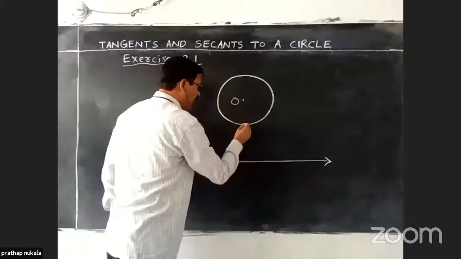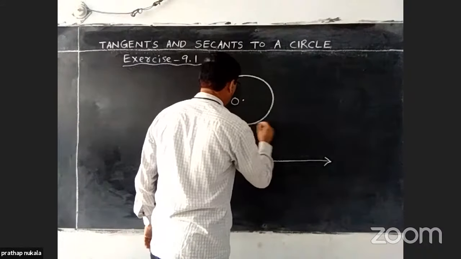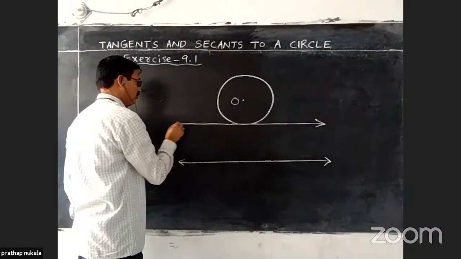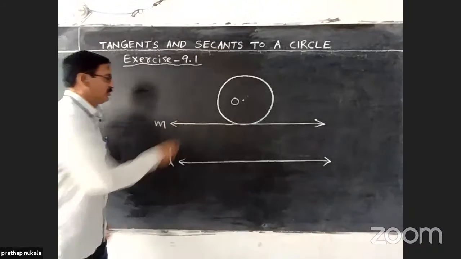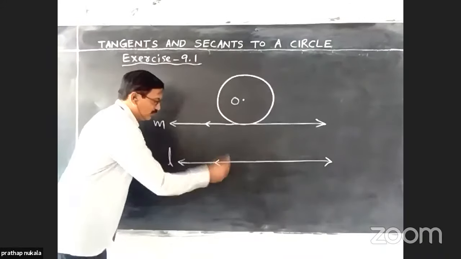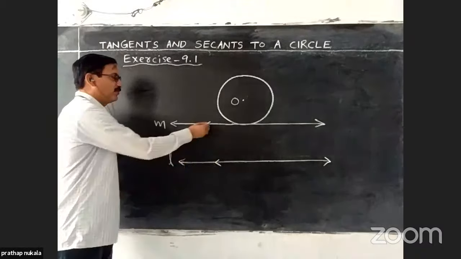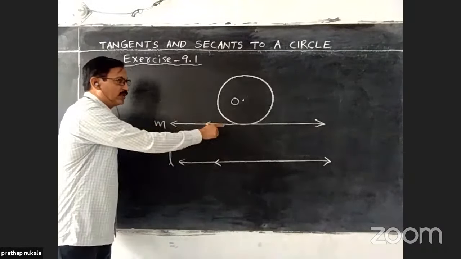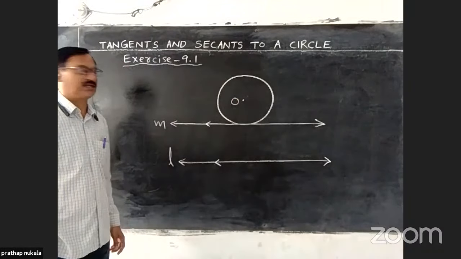Now I am drawing a tangent which is parallel to L. Call it M. Here we can show by arrow marks that these two are parallel. That means M is parallel to L, and in particular M is a tangent to the given circle.